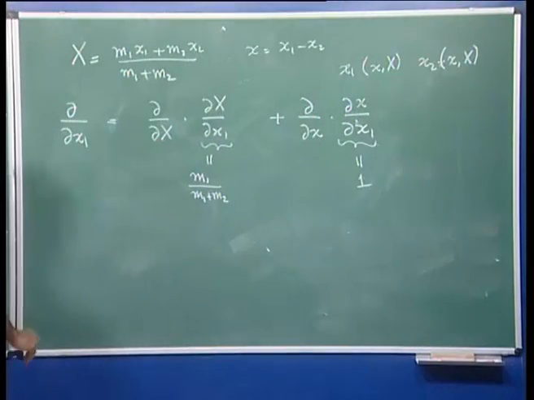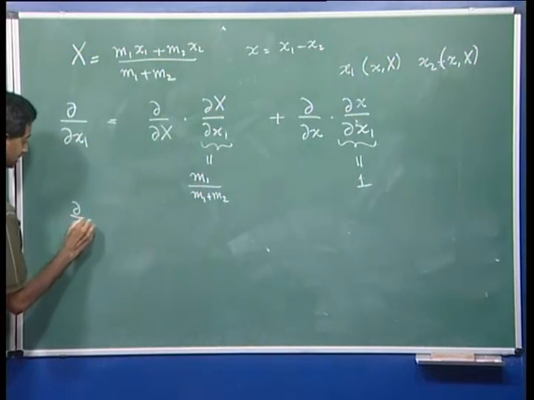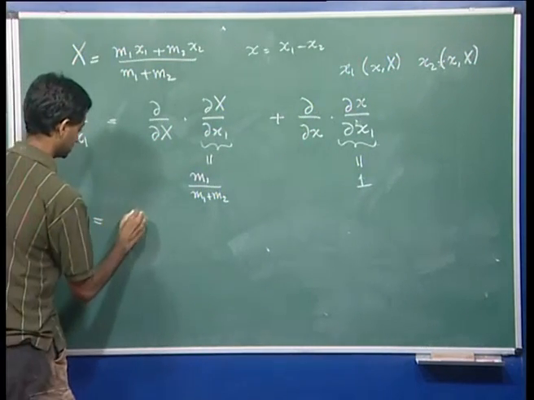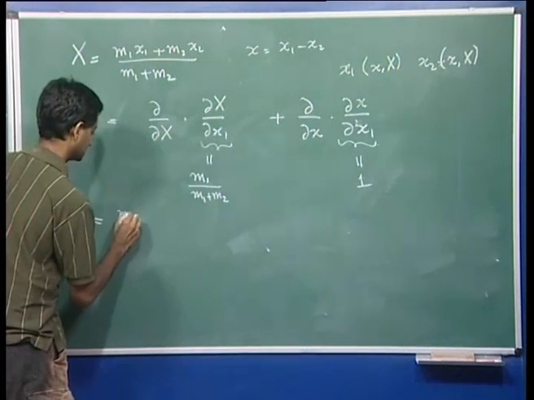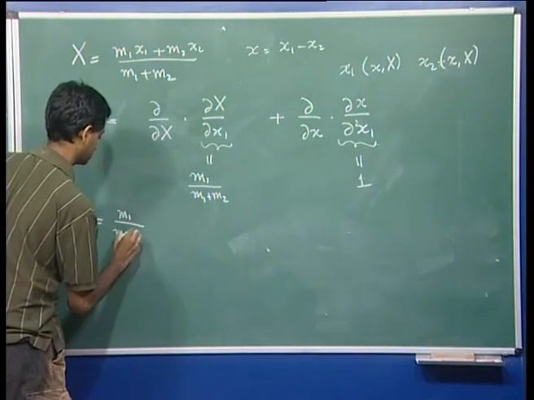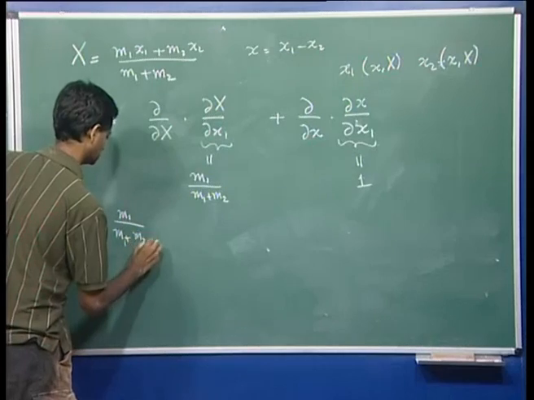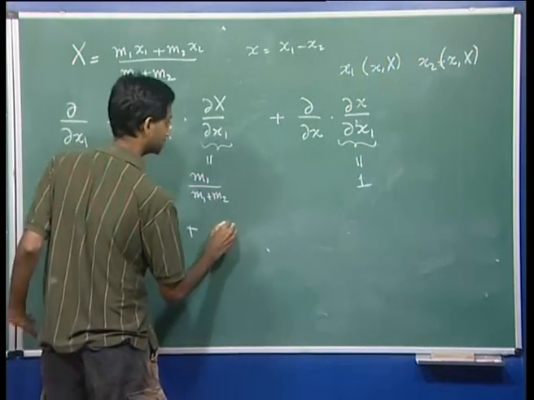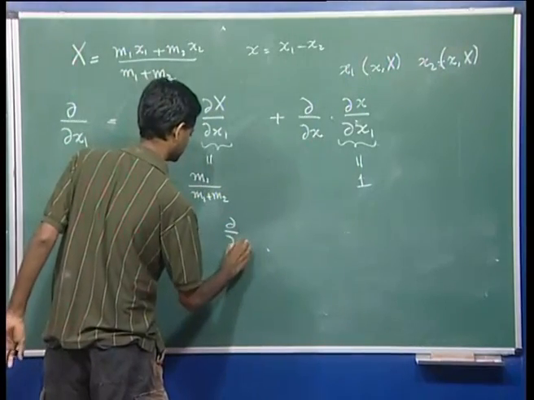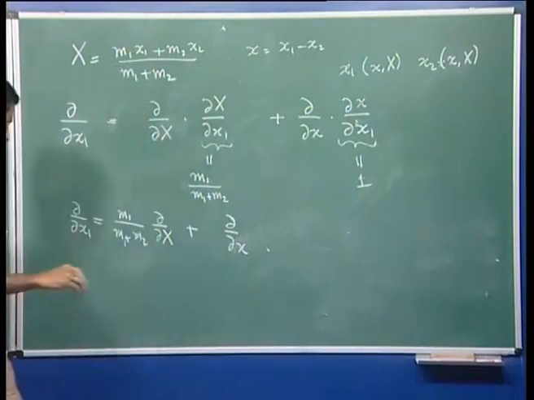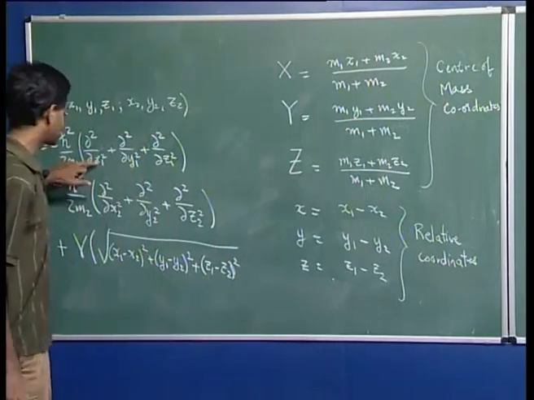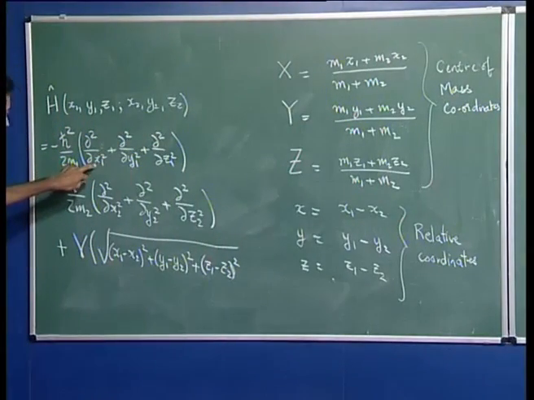Okay. So, then I can write d by d x1 is equal to m1 divided by m1 plus m2 d by d capital X plus d by d little x. Okay. So that takes care of d by d x1 here.